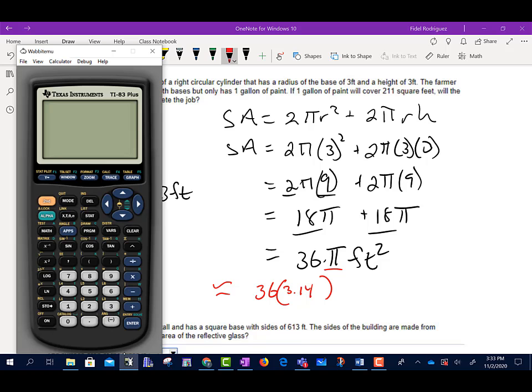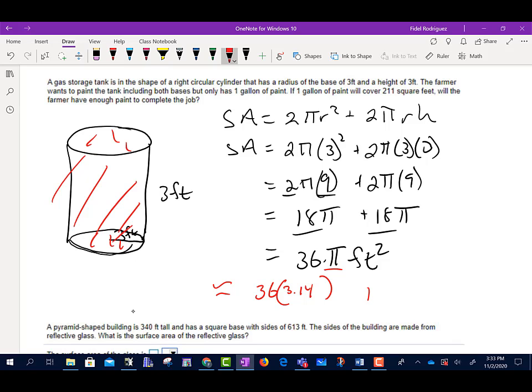So let me grab my calculator. What is 36 times 3.14? And I'm coming up with 113.04. That's how much area we have.